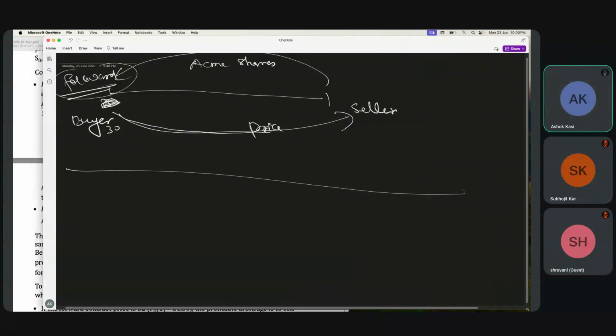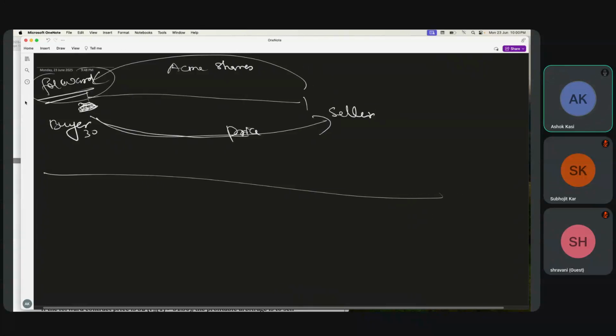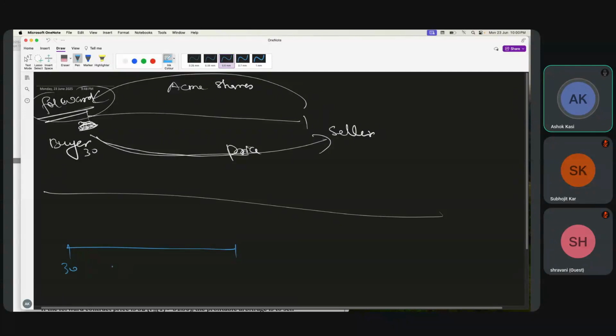So basically, there are multiple ways to reach the same destination over here, which is to own a share worth 31.5. One way is that a normal person simply buys at 30, and after 1 year it will reach 31.50.